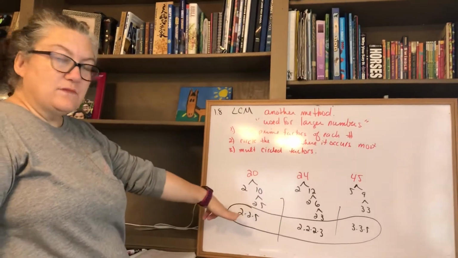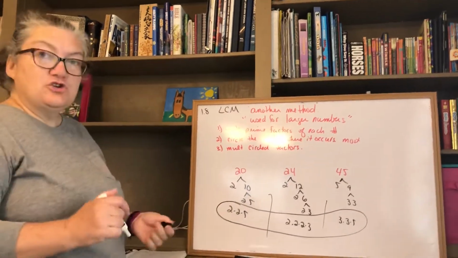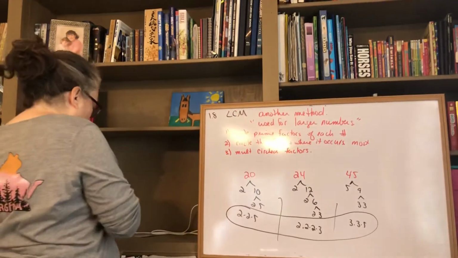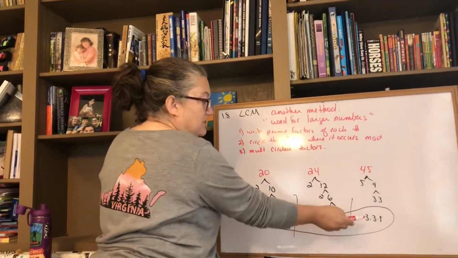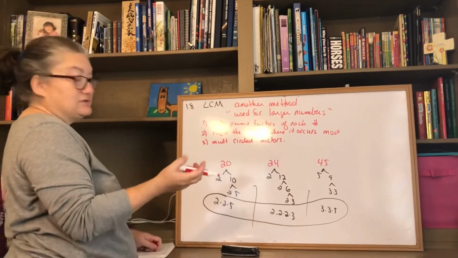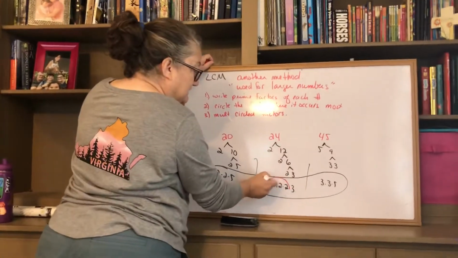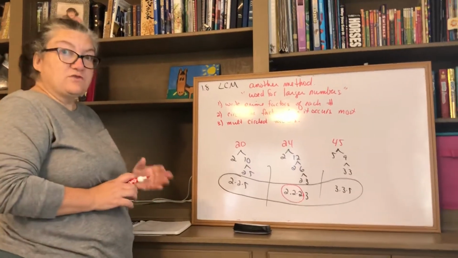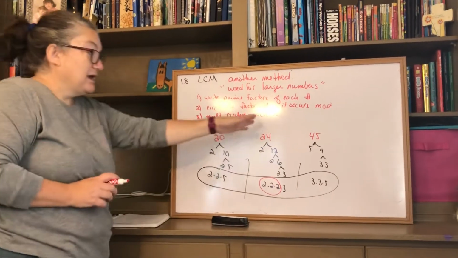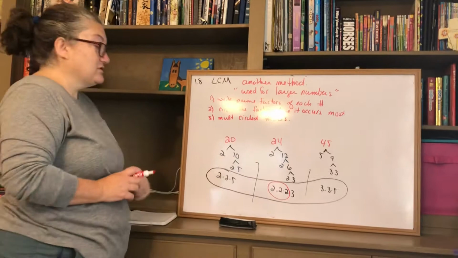Where do the 2's occur the most? Over here we have two 2's, here we have three 2's, and there we have no 2's. So we want these 2's here. We're going to circle those because that's where the factor of 2 occurs the most. 24 has the most factors of 2.